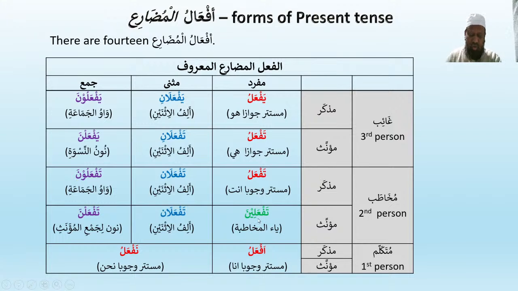So this ya is called ya al-mukhataba. That is the damir. Okay, so yaf'alu, taf'alu, taf'alu, af'alu, naf'alu, yaf'alani, taf'alani, taf'alani, taf'alani, yaf'aluna, yaf'alna, taf'aluna, taf'alna, taf'alina. So these are the 14 forms of al-mudari.